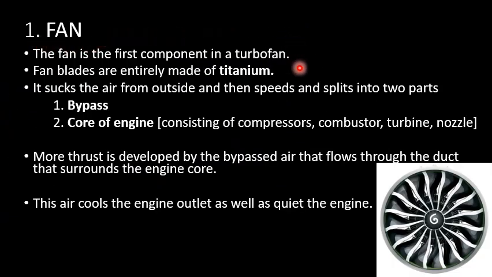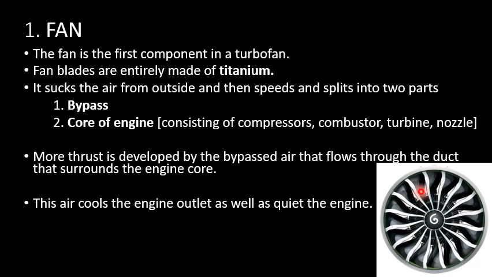So we are going to discuss the various components of a turbofan. The first component of a turbofan is the fan. What you see here is basically a fan of a turbofan engine, and this is the first component, and it consists of 16 blades.